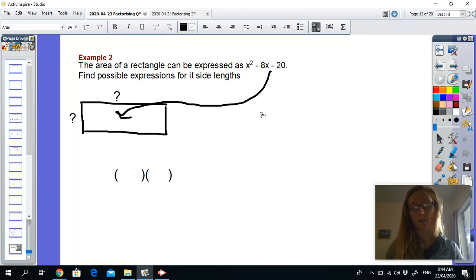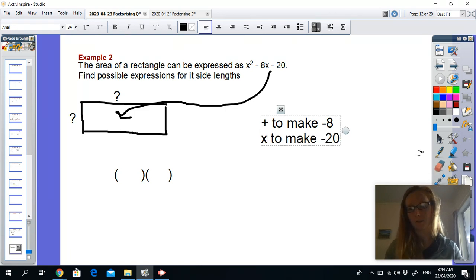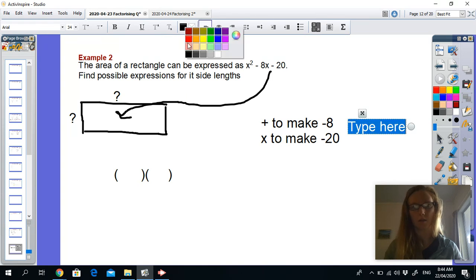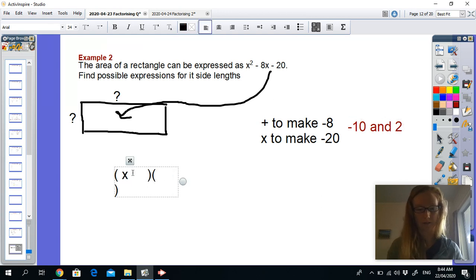So in this case, we're looking for two numbers that add to make -8 and multiply to make -20. This time they are going to be -10 and 2. Therefore, in our brackets, we will have x take away 10, and x plus 2.